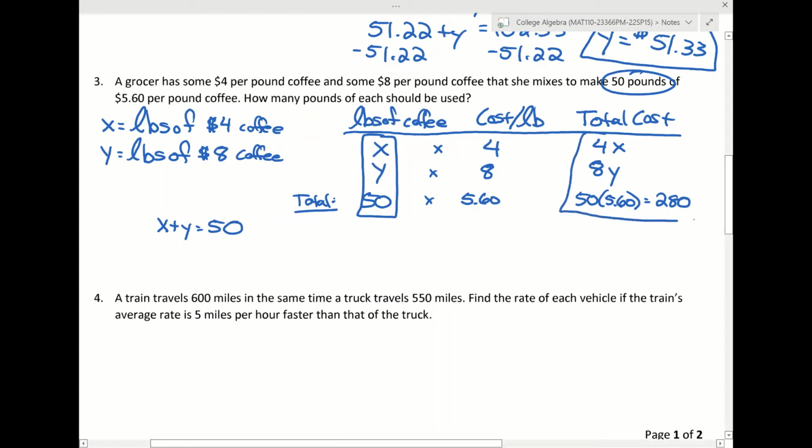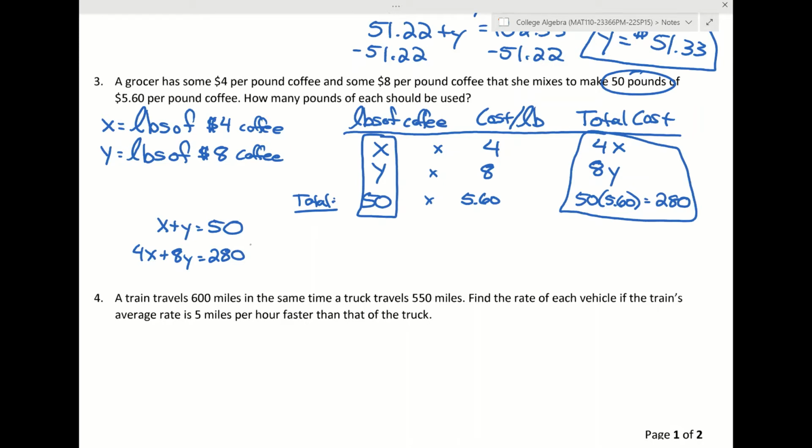So we're doing total pounds and total cost. $4 per pound plus $8 per pound comes out to $280 total dollars. X plus Y equals 50. The pounds of each added together is 50. The cost per each added together is 280. It's a little bit easier once we have it set up like this.